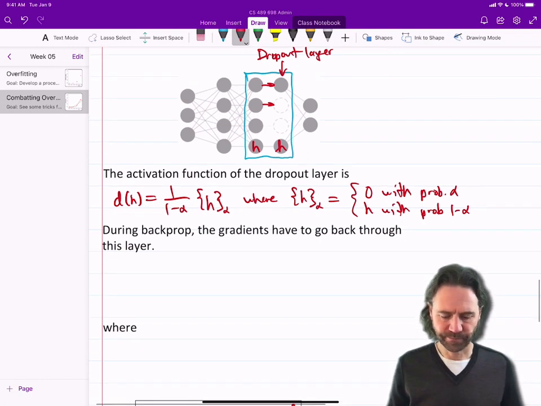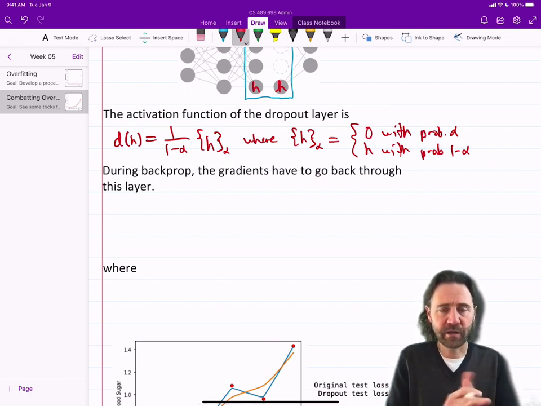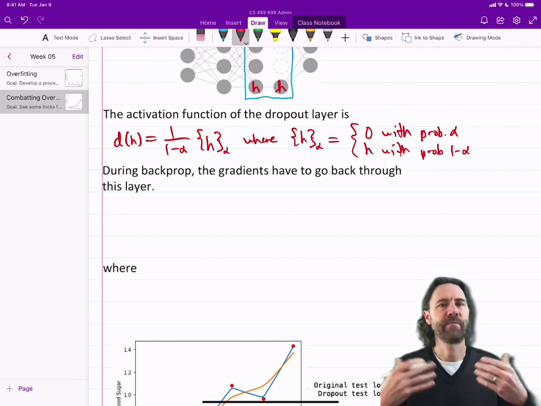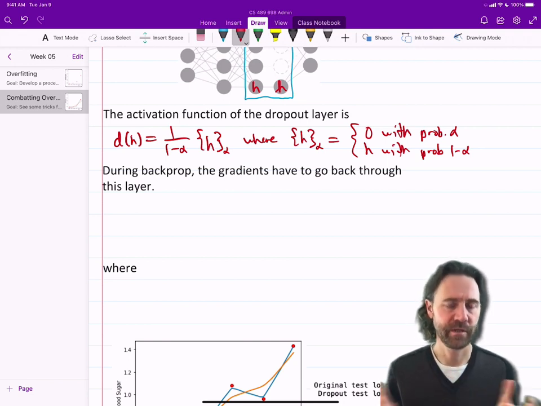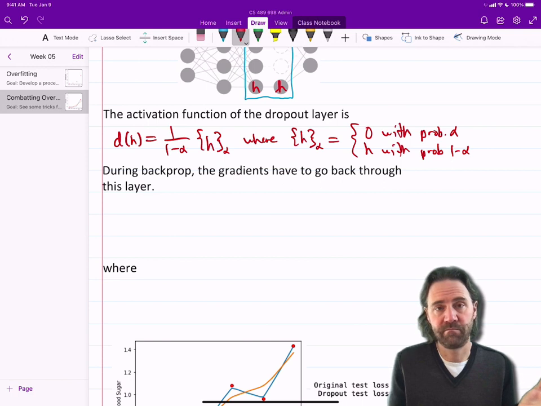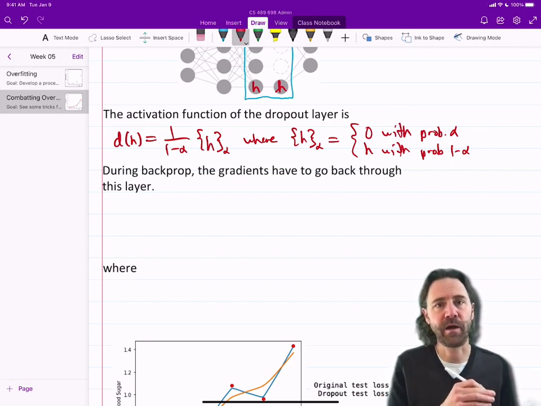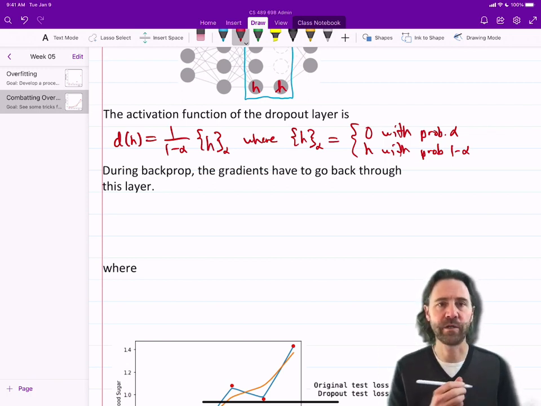Okay, so during backprop, we can create a layer using an activation function, and as long as that activation function knows its own derivative, we can build it into our PyTorch auto differentiation and just apply the activation map, and know that when we call backward, it's going to push the gradients through that layer accordingly.